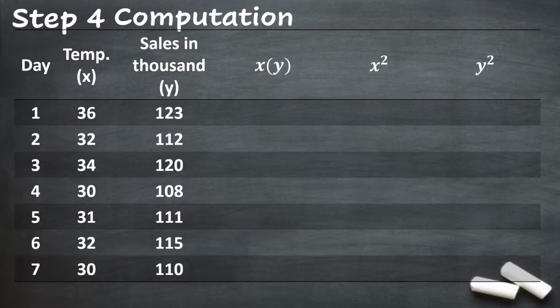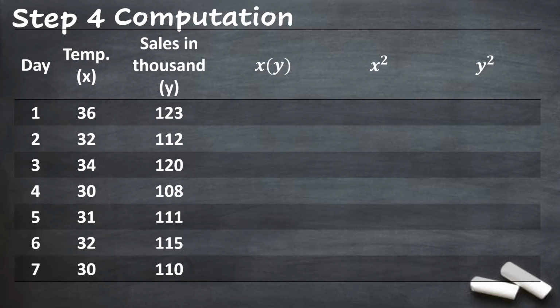As you can see, we have the column for x times y since we need the value for the summation of x times y in the given formula for the Pearson r. You have to multiply each pair by each other and then get the sum of those numbers, and that will be the summation of x times y. We also have a column for x squared since in the formula we have to get the value for the summation of x squared.